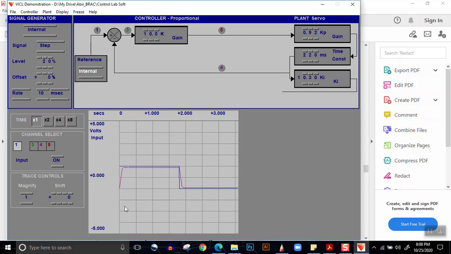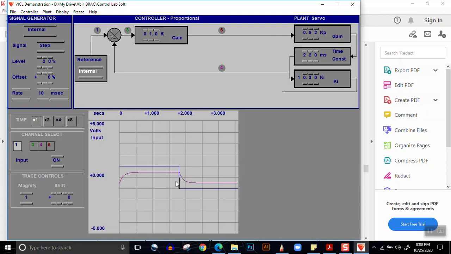Our value of k is equal to 1. You can readily observe the effect of gain, controller gain here. For example, the value of k is 1 and it's giving output like this. So it's very quickly reaching the final steady state value. If we decrease the value of k, you'll see it takes much more time.